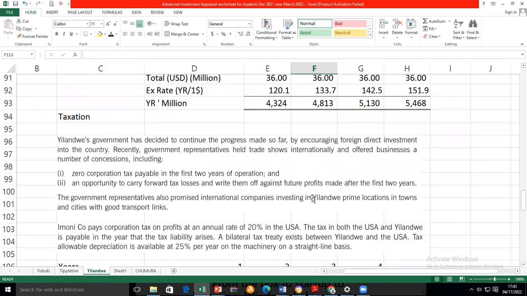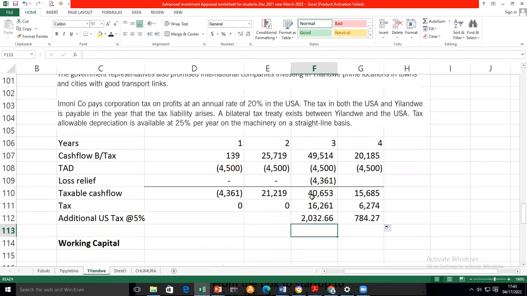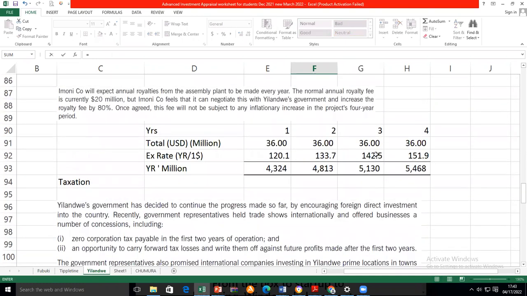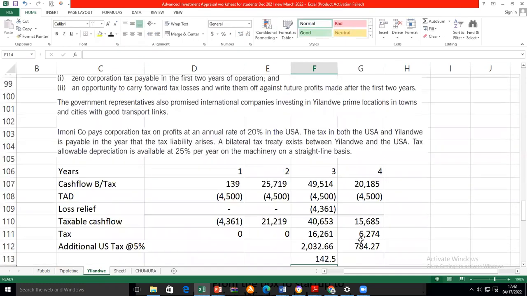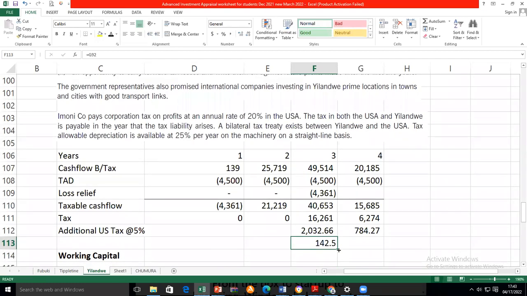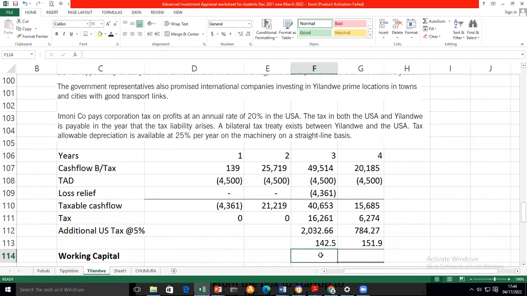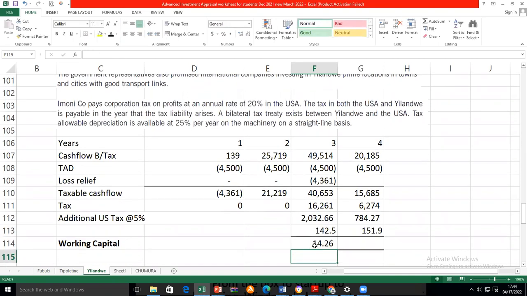So the exchange rate is here. The additional tax that you would have reported would have been, take this figure, divide by that.